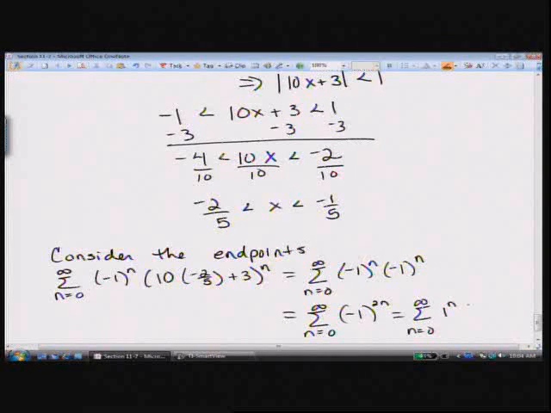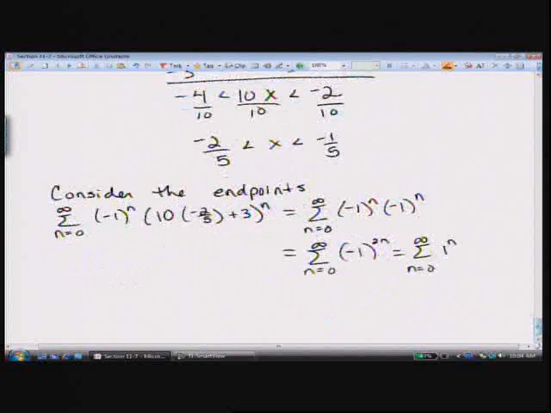Okay, well, what does that do? Remember, what's the whole idea? What are we trying to figure out? What does this look like? Well, this looks like 1 plus 1 plus 1 plus yada, yada, yada. Right? Yes? Okay, and what does that do?